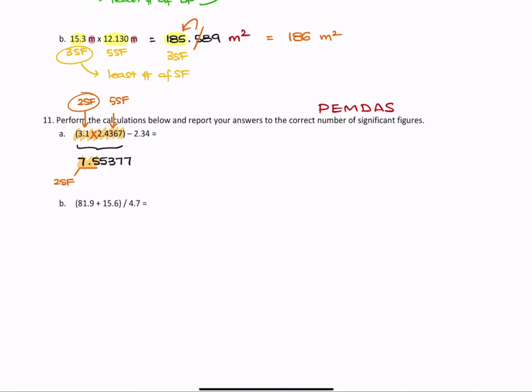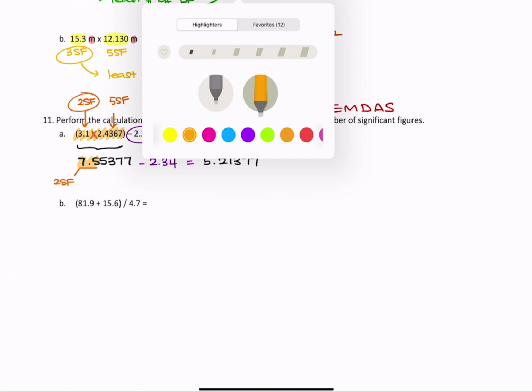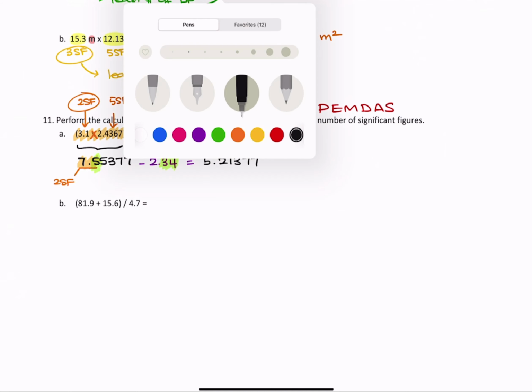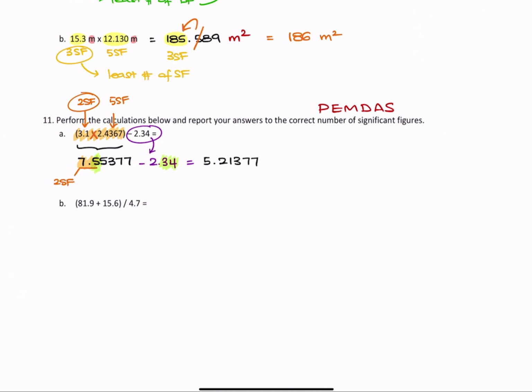But I'm not going to round yet because I'm not done with my calculation. I'm going to bring down this part, minus 2.34, equals, and the calculator gives me 5.21377, but this time it's a subtraction, so I'm going to go with decimal places. I have here 2 decimal places, and here, because I should have kept 2 sig figs from the first step, this number per the multiplication rule only has 1 decimal place that is valid.